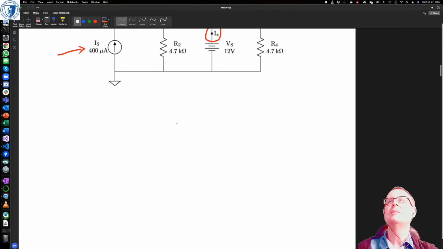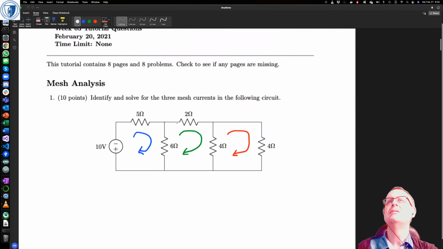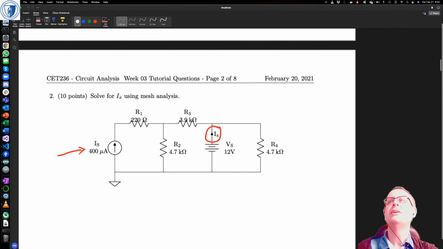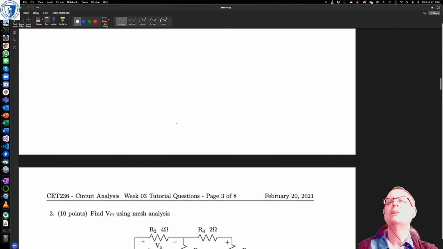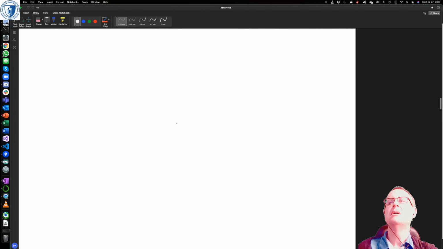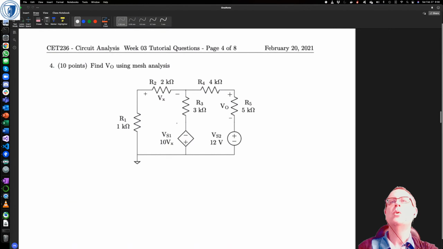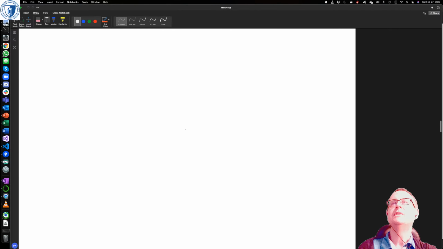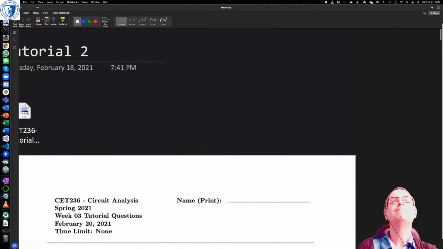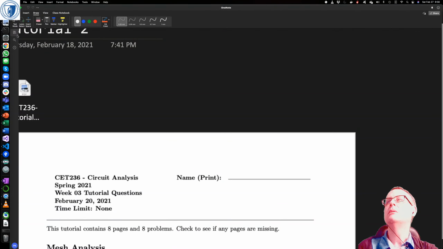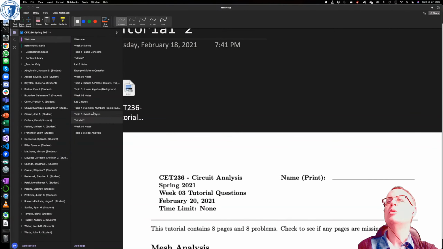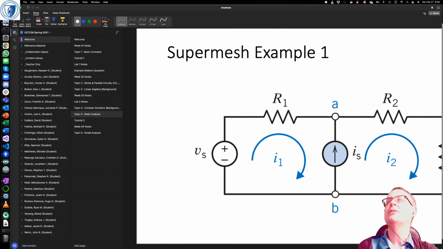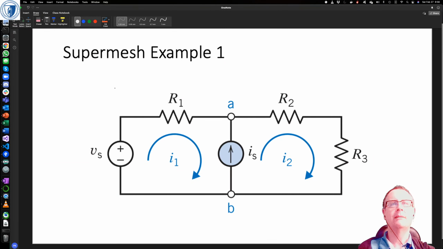So there's I think 4 mesh analysis questions. And then we get on to nodal analysis, which I want to start covering later today. But let me just go back and talk about super mesh again.